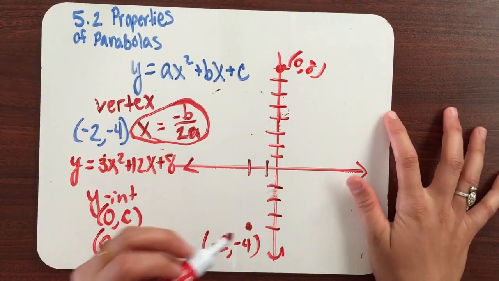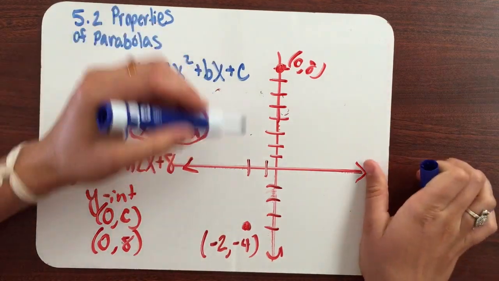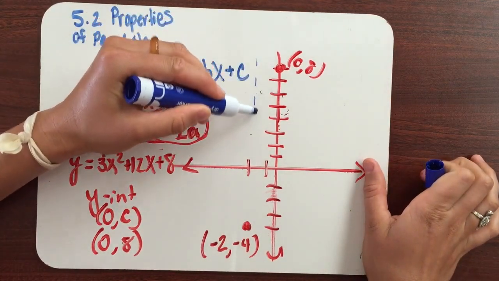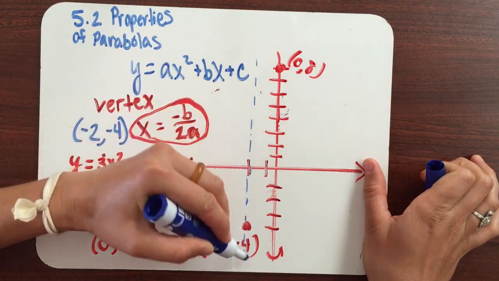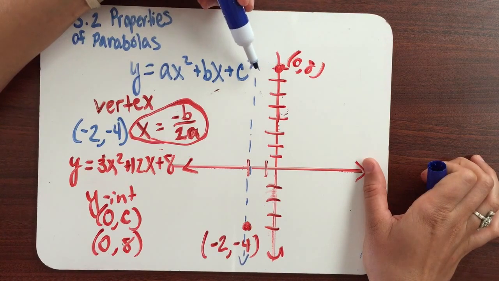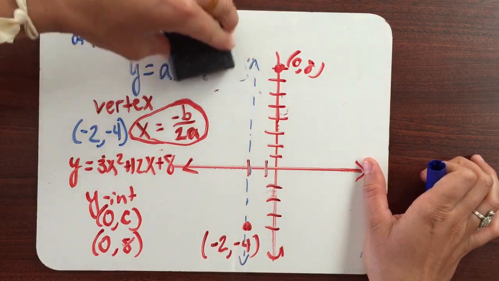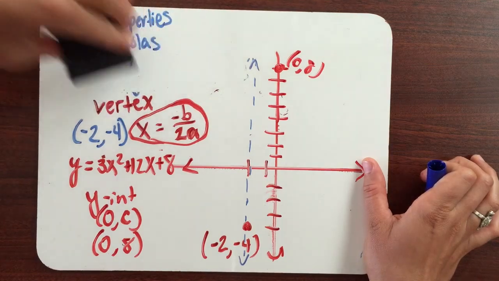And since our axis of symmetry is x equals negative 2, then we know this point is 2 away from our axis of symmetry, so we're going to have another point that is 2 away from the axis of symmetry.